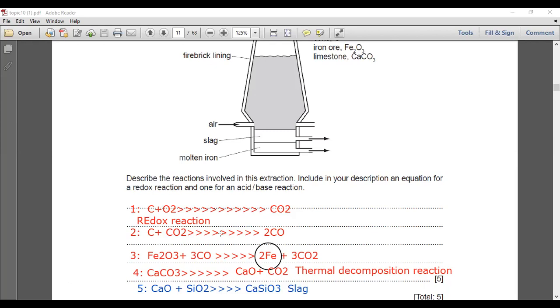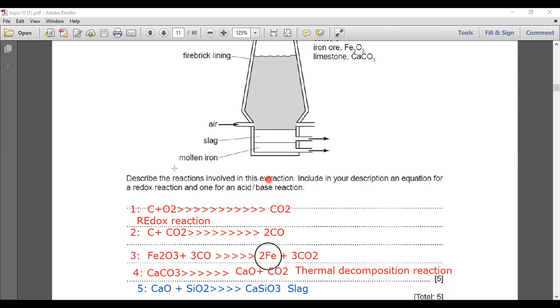This chemical reaction is known as an acid-base reaction. Why? Because CaO is a base because it's a metal oxide. SiO2 is acid because it is a non-metal oxide. So this is an acid-base reaction.